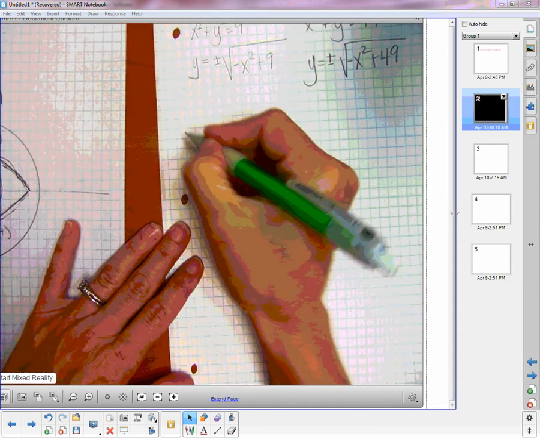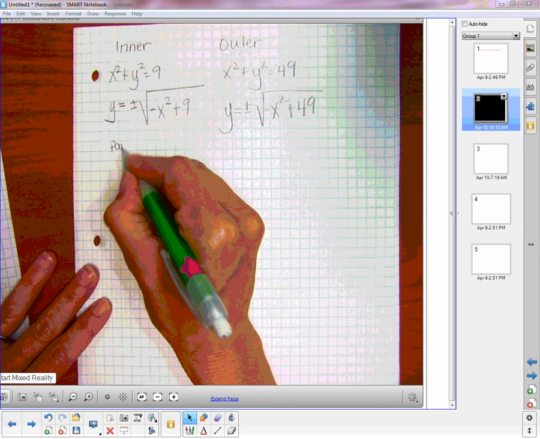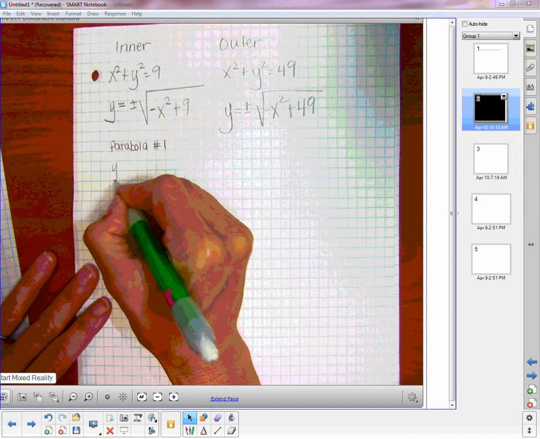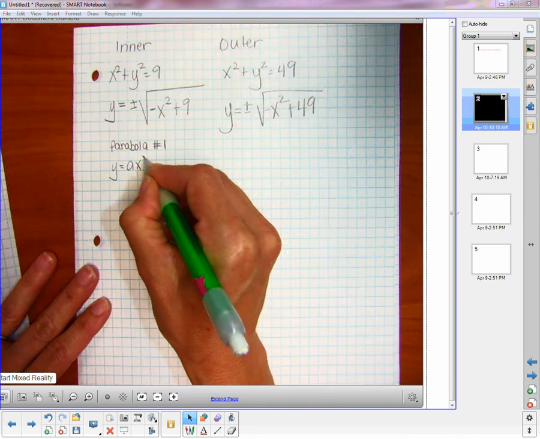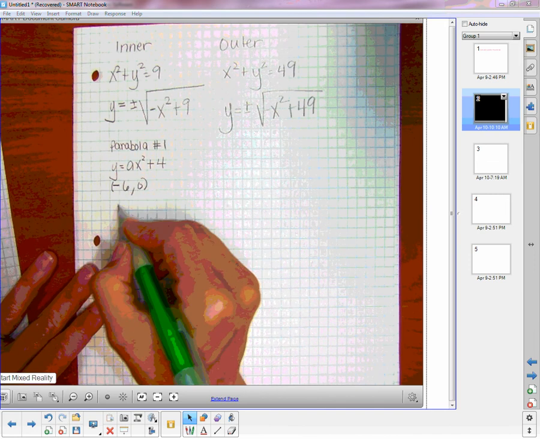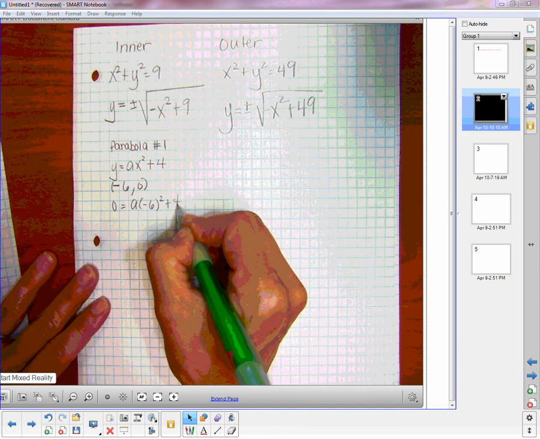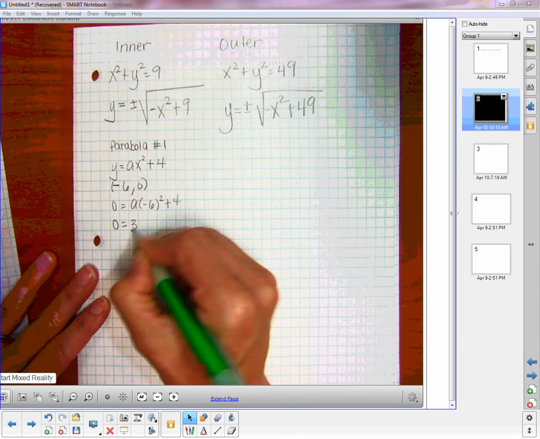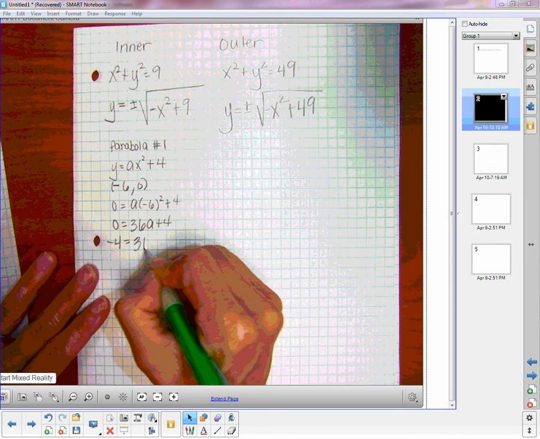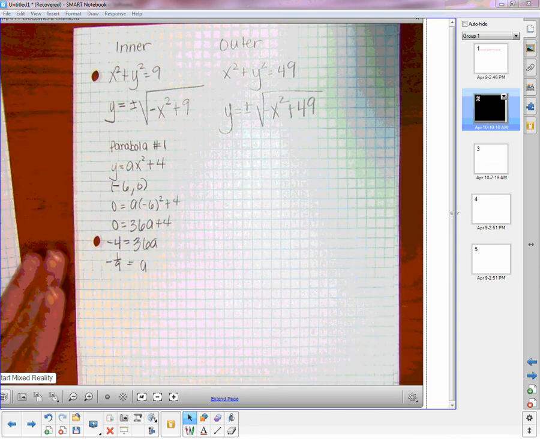So when I go to find parabola number 1, I know it looks something like this, and I'm going to plug this in for the xy. So my A value is a negative 1/9.